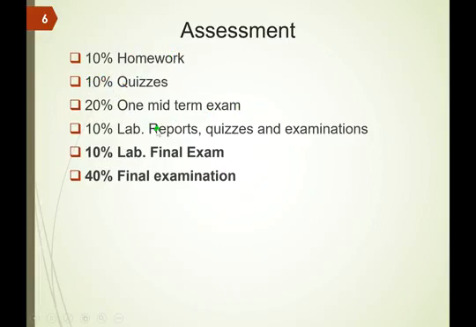This will be in Compass. You'll not do it online. And the final examination, both we'll do at university. Then we have 10% on lab, which includes reports, quizzes, and exams. And then you have a 10% lab final exam.